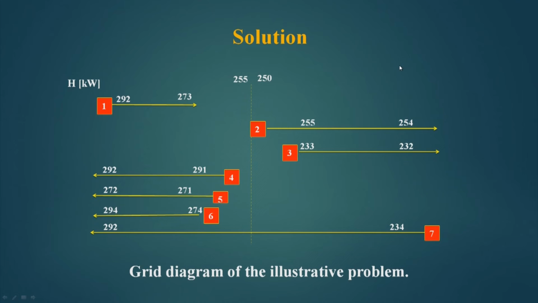We have taken delta T minimum to be 5 degrees centigrade. Here the unit is kilowatt per Kelvin, while in the problem it is given in megawatt.